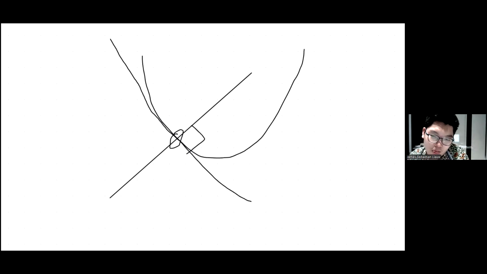So we know our perpendicular gradient is this, right?